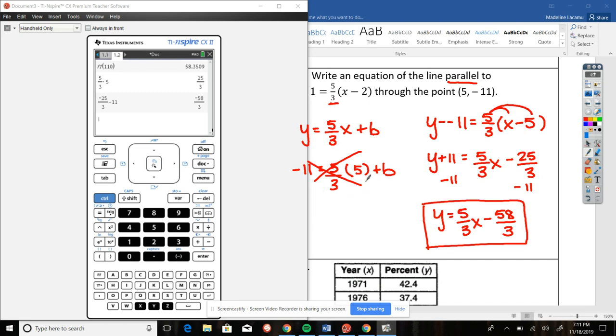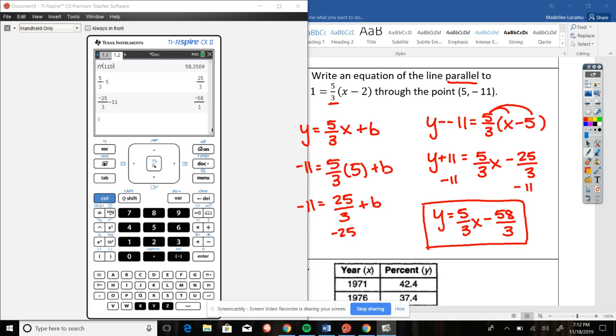If you did it the other way, let me just finish that way out, even though I said we can't do it that way, we can. So I have negative 11 is my y, 5 over 3 times 5 plus b. So negative 11 equals 25 over 3 plus b.